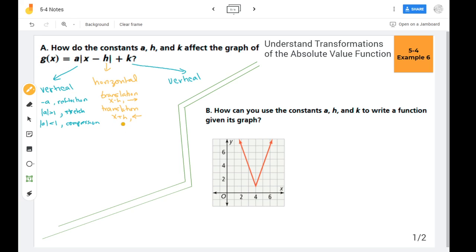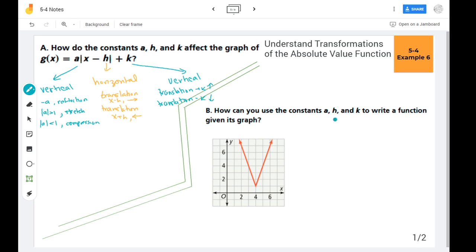And remember, that feels backwards, right, because of the minus sign that's in the equation. And then with the vertical translations, we're looking at the k value, which is outside that grouping symbol. So if you add k, you're going to go up, and if you subtract k, you're going to go down.